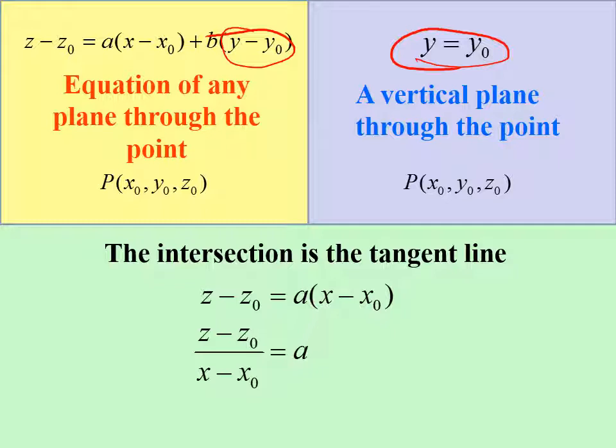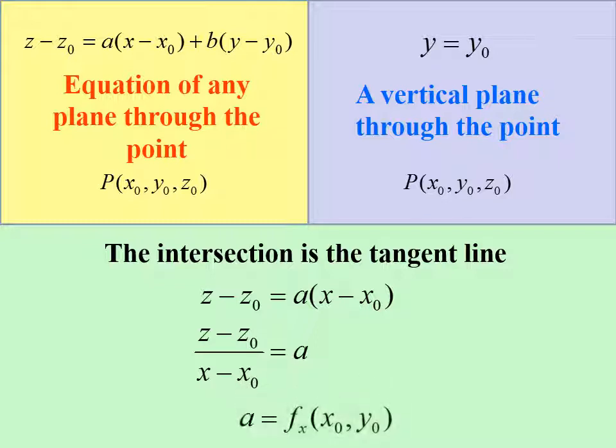Now, if you look at that expression, you should recognize that from way back in Calculus 1. The slope of a line, y2 minus y1 over x2 minus x1. This is nothing more than the slope of the function in the x direction. We call that the partial with respect to x.